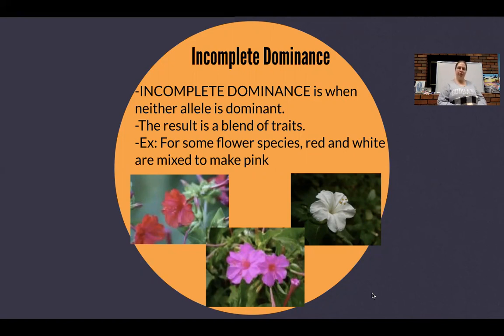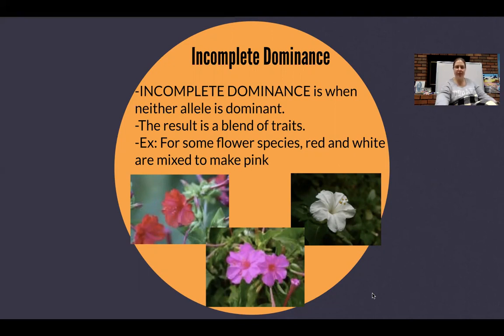As a result, since neither one is dominant, neither one is going to be fully expressed. And that means if you have a heterozygous individual, it's going to show a blending of the traits, some kind of intermediate.